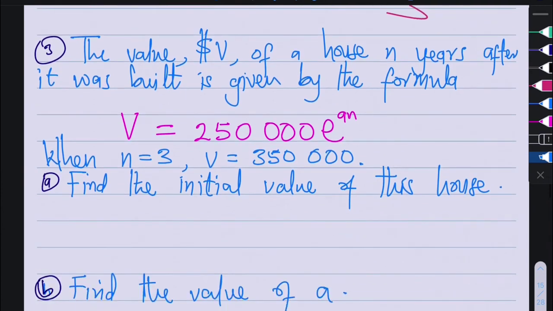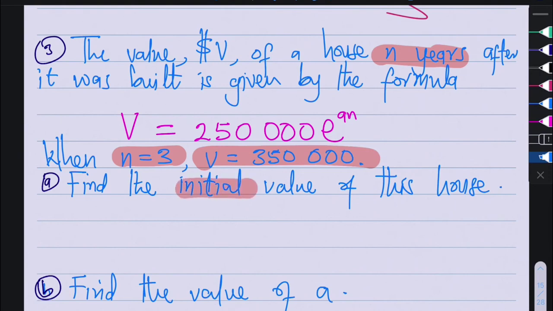All right, then it says the value in dollars, V, of a house. Now they are also telling us that the years is n. Sometimes it's t, sometimes n, depending on the problem. When n is 3, this is the value of V. They want us to find the initial value of this house.